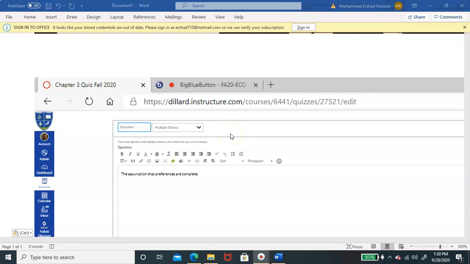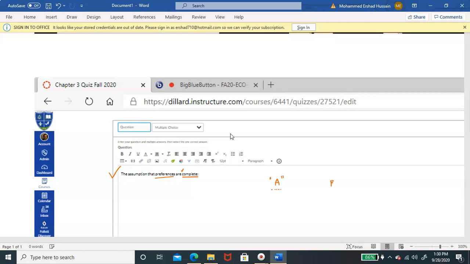So let us see, this is another question that let us review. The assumption that preferences are complete, what does that mean? This is one of the major assumptions. It means that given any two commodity bundles, commodity bundle A, suppose this one includes some cheese and some books, and we have just two goods in this item. We simplify, right?